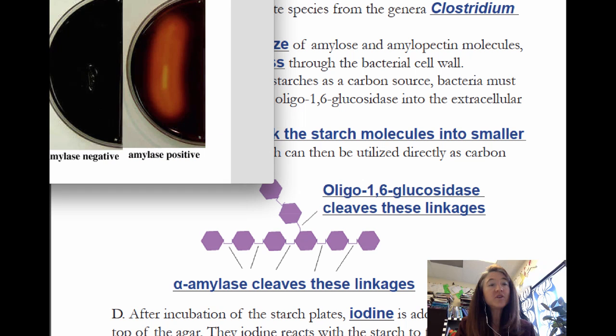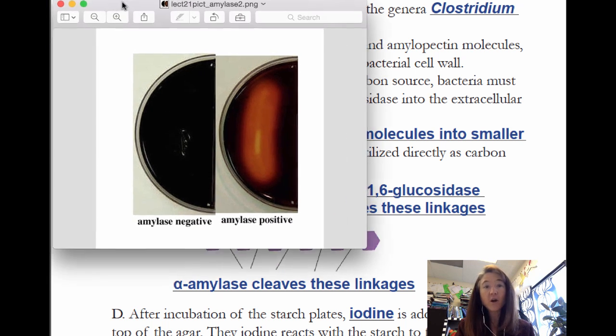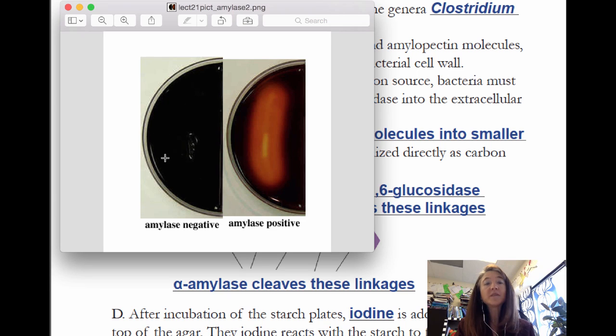So after you have grown up your organism on the starch plate, you will saturate it with iodine. You will take the Gram's iodine, drip it on, and please don't make a swimming pool of iodine. It's not necessary, but do cover the surface entirely. Let it sit, be patient, wait for maybe 30 or 40 minutes until the iodine has completely soaked in.